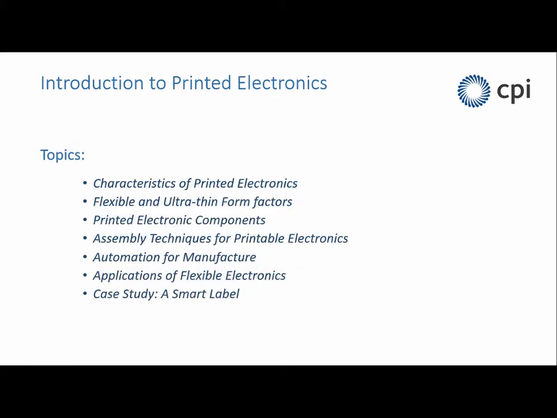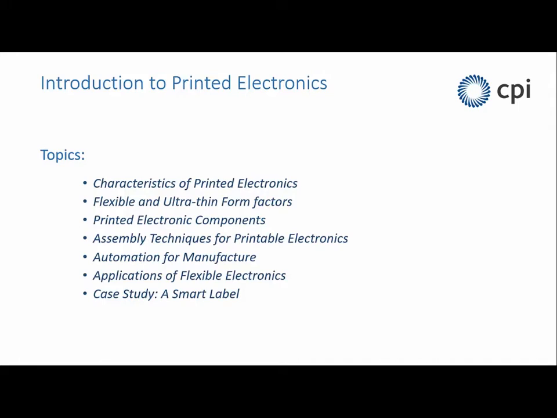Specifically, the topics we're going to cover over the next 70 odd minutes is really looking at the characteristics, first of all, of printable electronics. We'll look at the different form factors that printable electronics can be used for, understand the components that are used in these systems, and look at the assembly techniques that we use to put them all together.